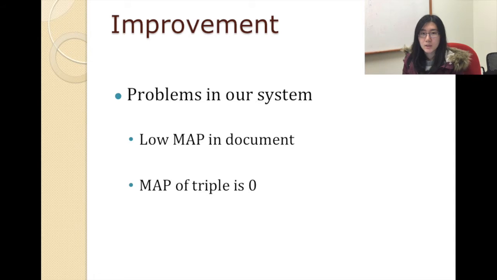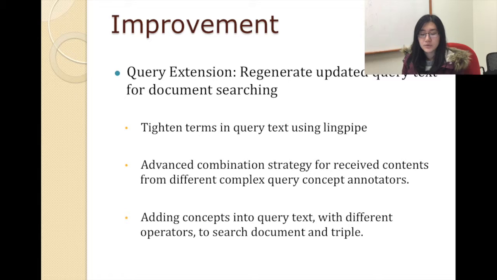The first and the most important one is query extension. There are 3 steps in the query extension. The first step is we need to pick out the biological terms in the query text using NumPy, because our system is focusing on biological questions.